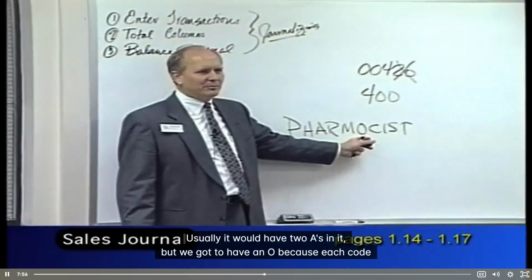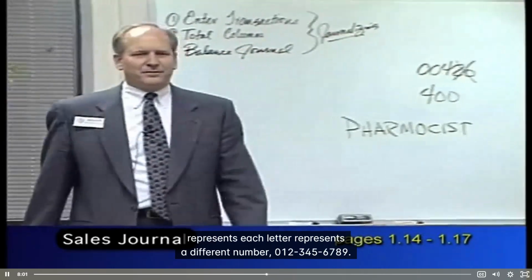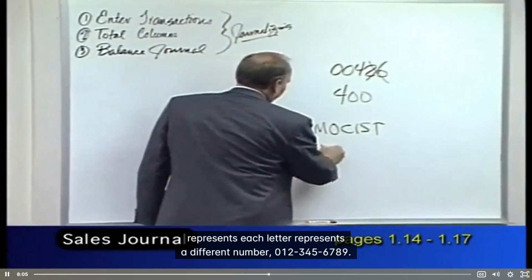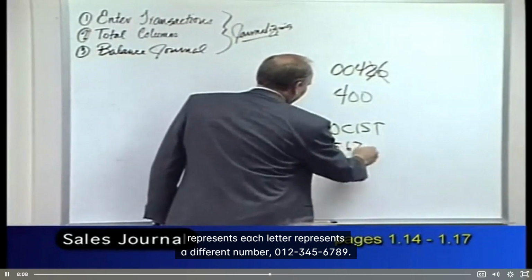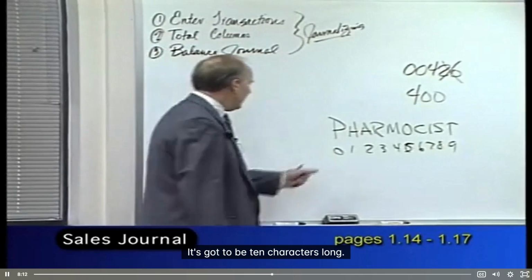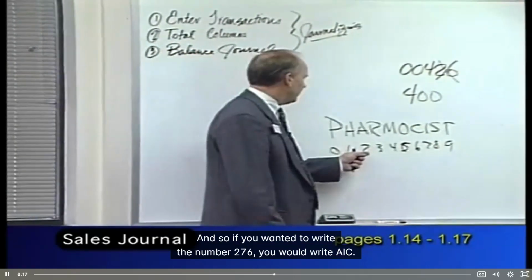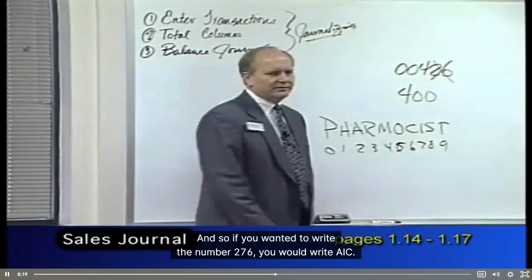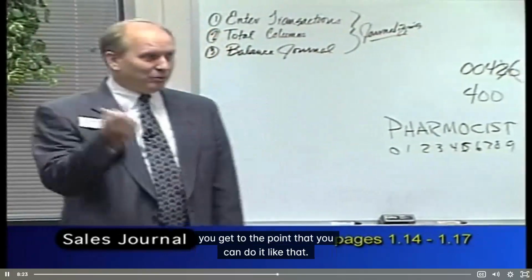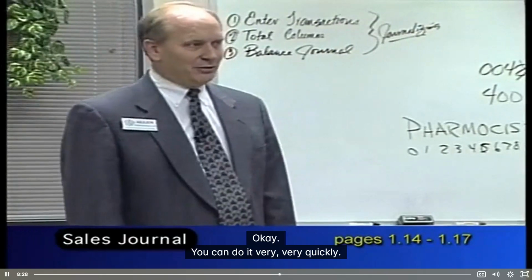Usually it would have two A's in it, but we have to have an O because each letter represents a different number: 0, 1, 2, 3, 4, 5, 6, 7, 8, 9. It's got to be 10 characters long. And so if you wanted to write the number 276, you would write AIC. After a while of working with it, you can do it very, very quickly.